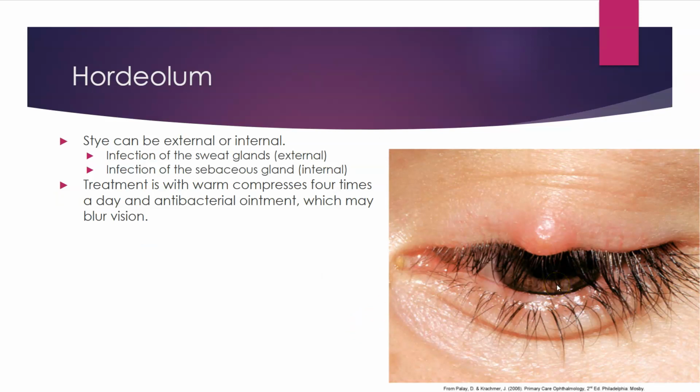Hordeolum, so this is a sty, and so you get red, irritated. It's infection of that sweat gland or sebaceous gland. Treatment, warm compress, antibacterial ointment with this. And if we get that off the site and into the eye, realize that ointment can cause some vision things. We do have to be careful with that.